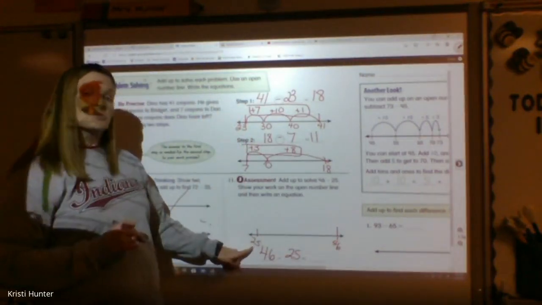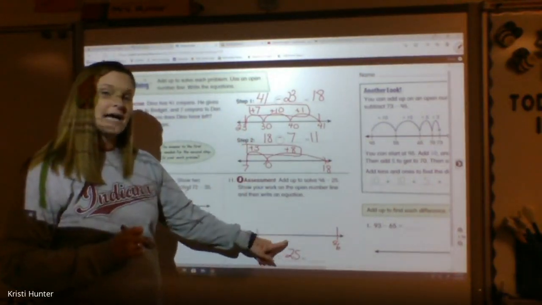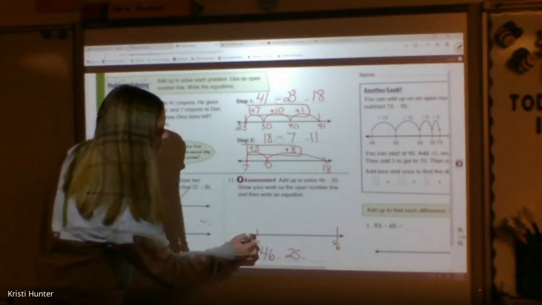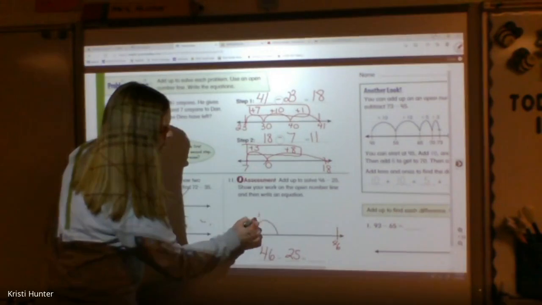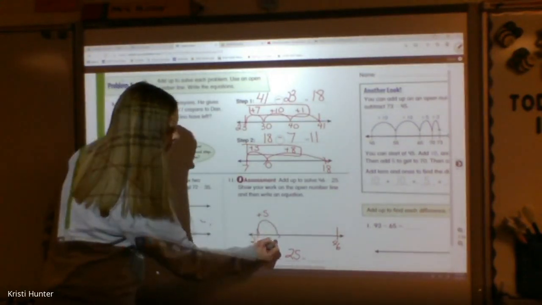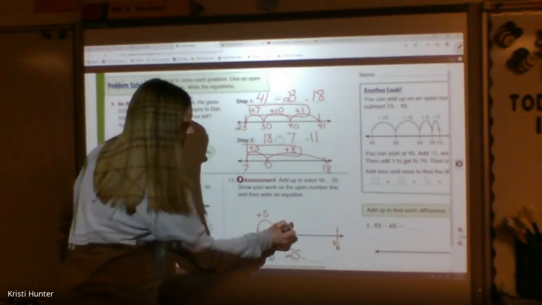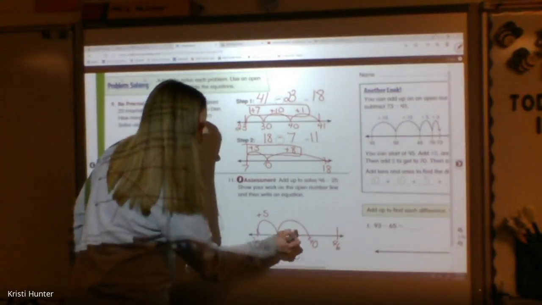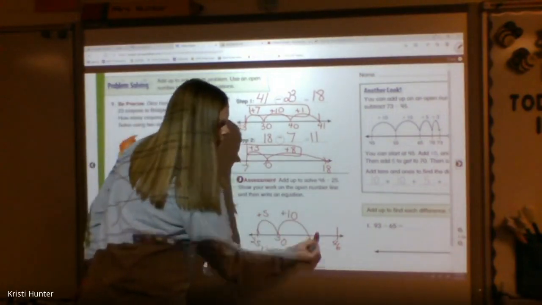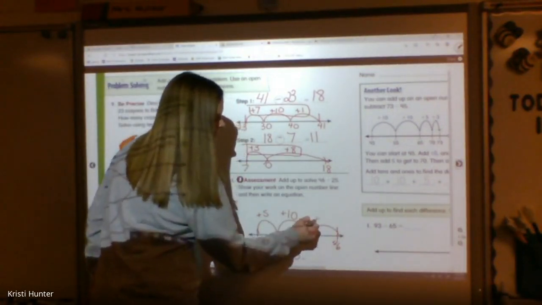If I want to get from 25 to a nice even 10, my next 10 is going to be 30, which I know without even having to count. That's only 5 more, right? If we count by 5s, 25, 30. And then I'm going to add 10 more because that drops me at 40. And to get from 40 to 46, all I need is 6 more.